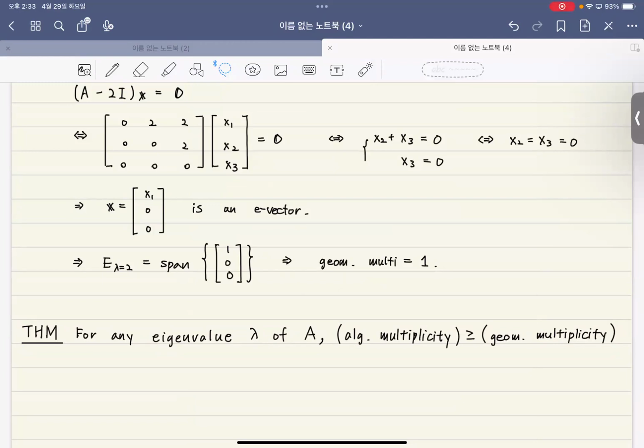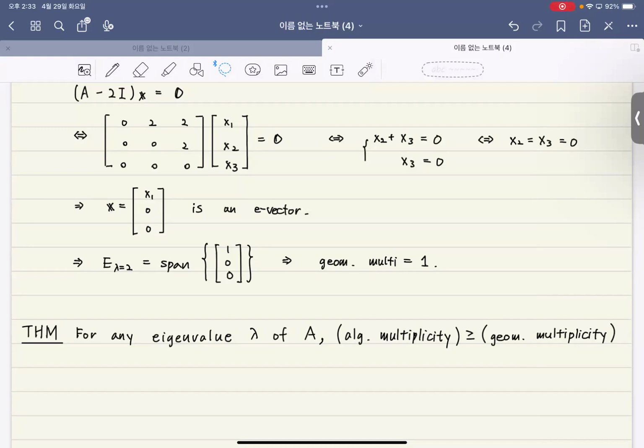Let me go back to the beginning of today's lecture. We wanted to find n linearly independent bases consisting of eigenvectors. The number of linearly independent eigenvectors is clearly related to the geometric multiplicity, and the number of such linearly independent eigenvectors for any eigenvalue cannot exceed the algebraic multiplicity.